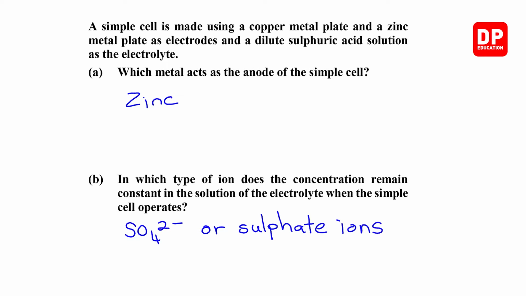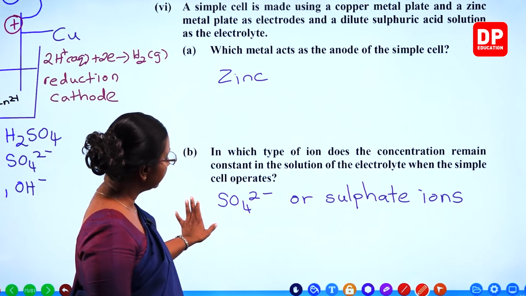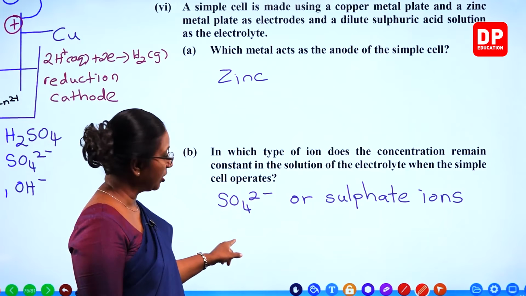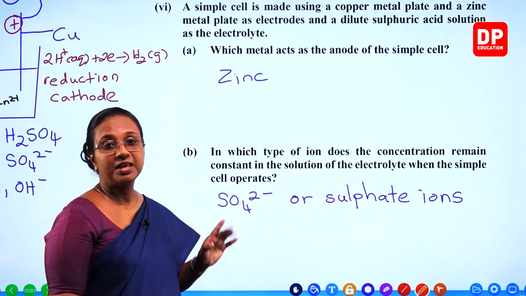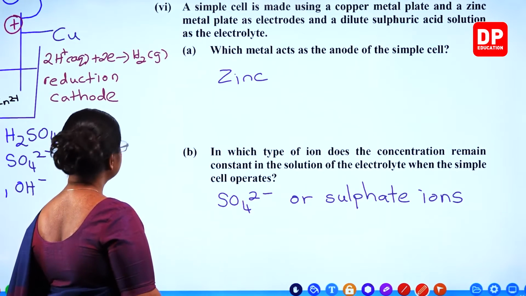You all know it's a molecular ion or a radical, or you can write the name. Is that clear, students? So with that, I'll move on to the next part.